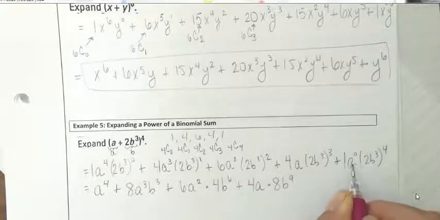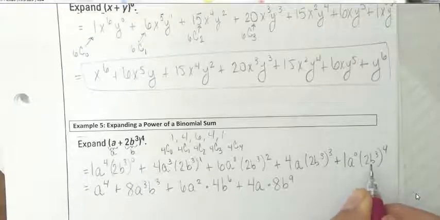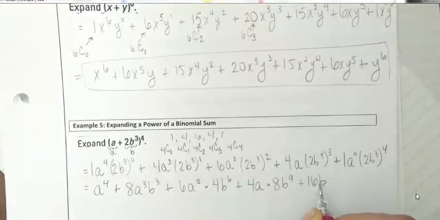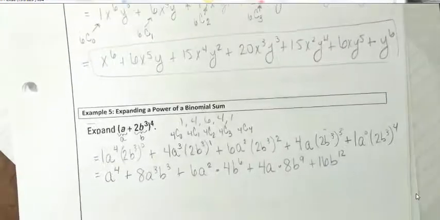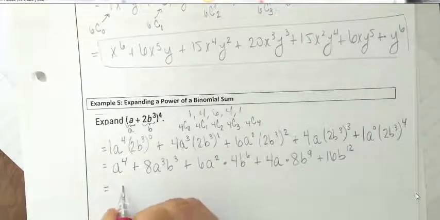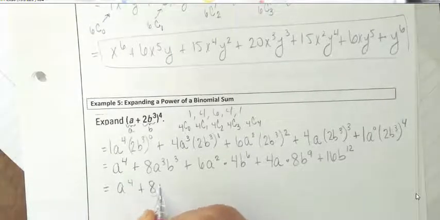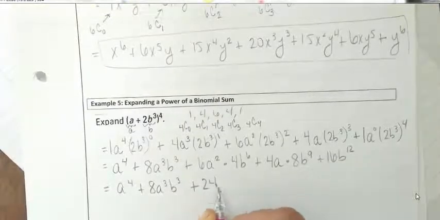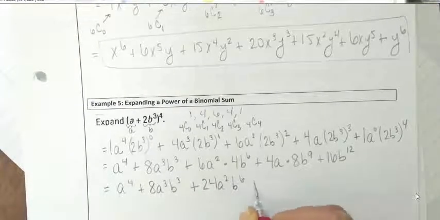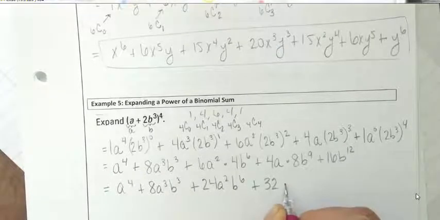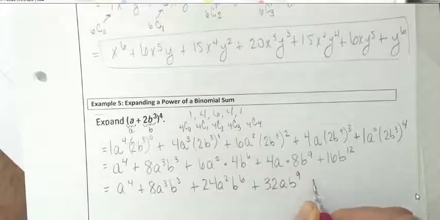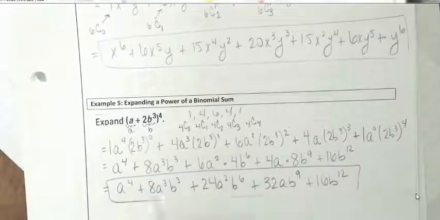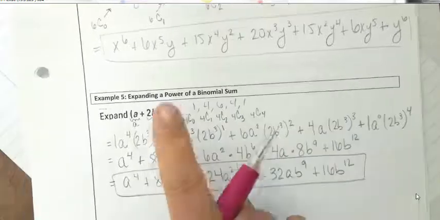This is just going to be 1, and then that's going to be 16b to the 12th. All right, so I'll simplify one more time. a to the 4th plus 8a cubed b cubed, plus 24a squared b to the 6th, plus 32a times b to the 9th, and plus 16b to the 12th. There it is. Or you can multiply that thing out 4 times.